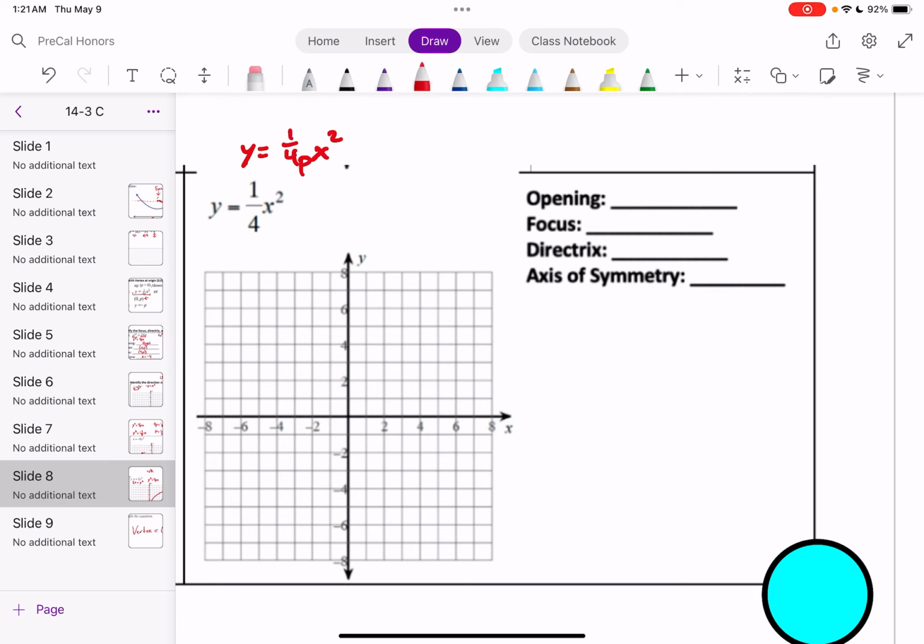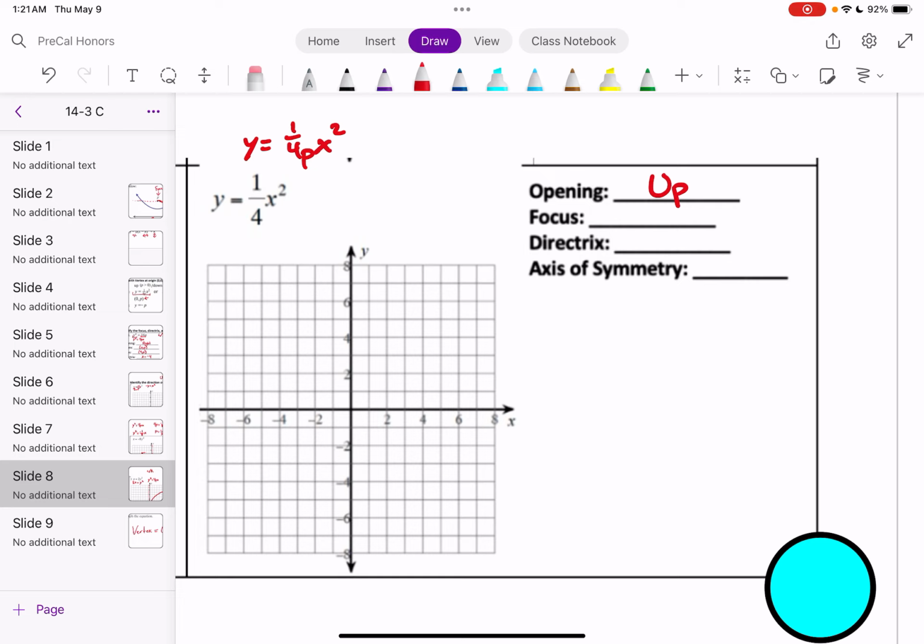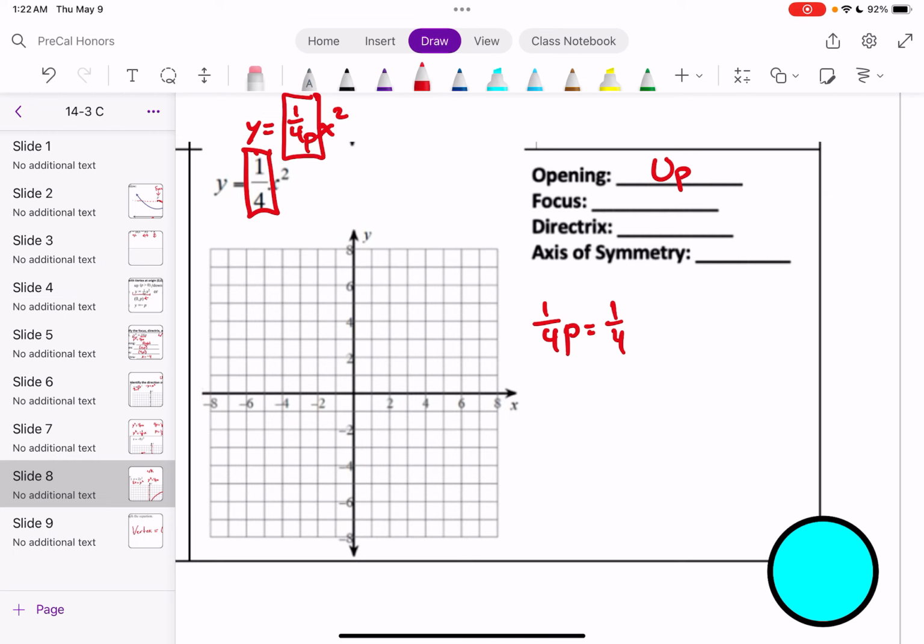Since we're looking at 1/4, this would actually be up. We're going to focus on the focus, which in this case, p is equal to 1. The main reason why we know that it's equal to 1 is because the 1/(4p) is equal to 1/4. So, with us solving for that, our focus is going to be (0, 1/4).